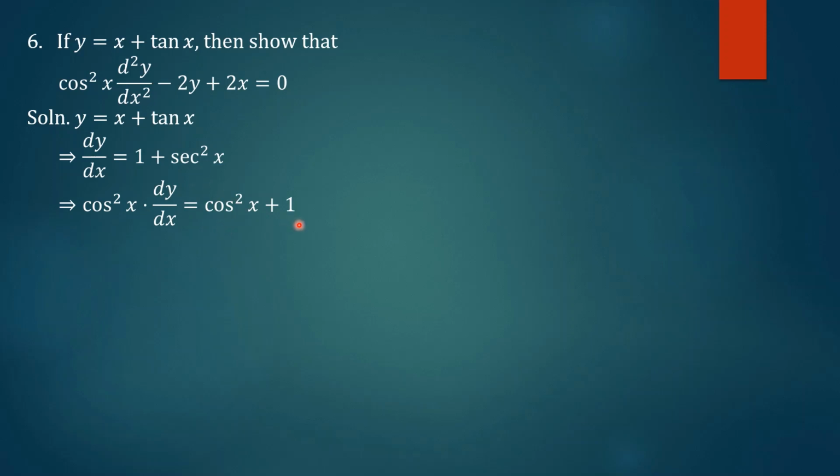You understood this one? And then you find the second derivative, again differentiating with respect to x. This cos square I have taken here to obtain this term. Actually this is the clue to take the cross product in this problem.